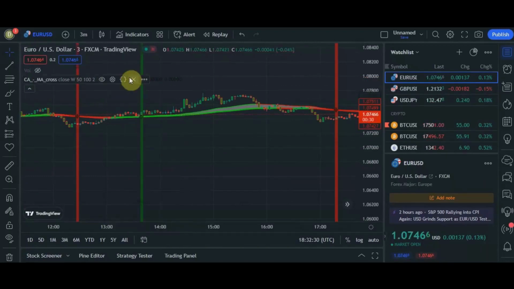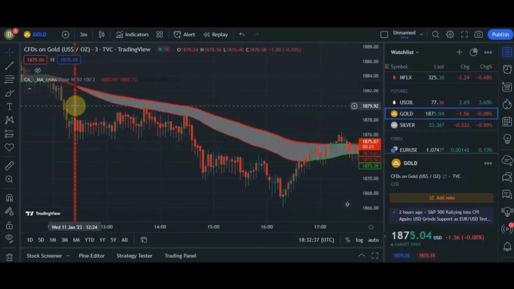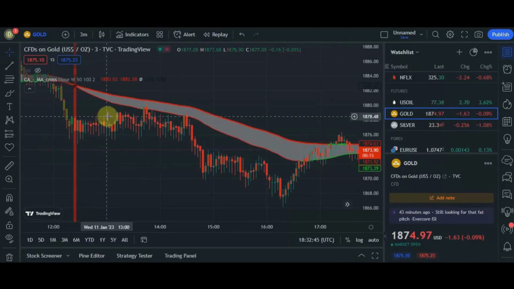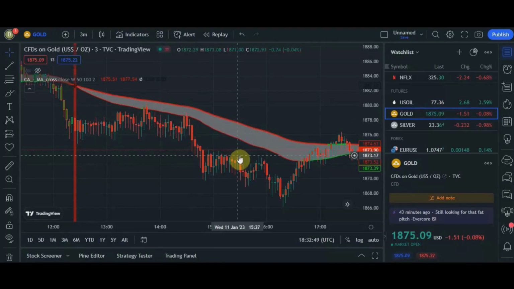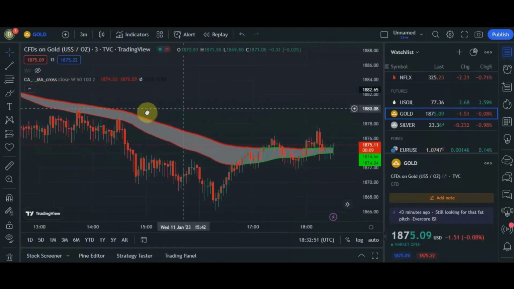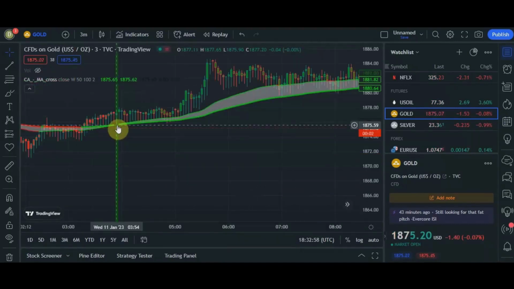And also, let's take a look at the gold chart. Alright, so on this trigger candle, it has provided you with a sell signal to get into the trade. And as you can see from the price action, gold is trending downwards right here. And let's take a look at another example over here. And if you look right here, we have a trigger candle with a buy position, a buy signal.